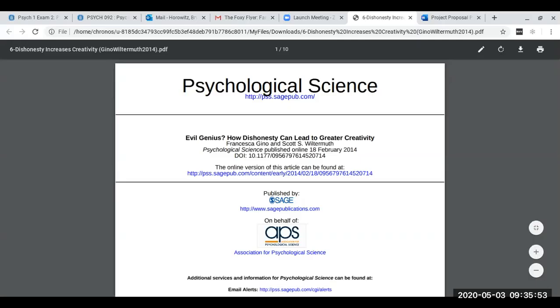Number 2 was very important because it asked you to list the IVs and their levels, and the DV and its operational definition. So if you had a proper 2x2 design, you would have had one IV with 2 levels, and you would have defined those levels, and then another IV with 2 levels, and you would have defined those levels, and then the DV.